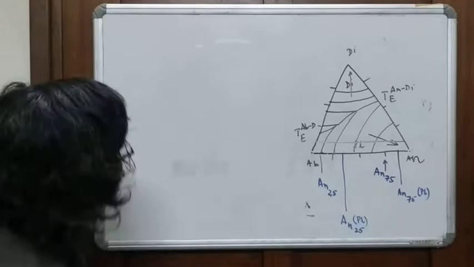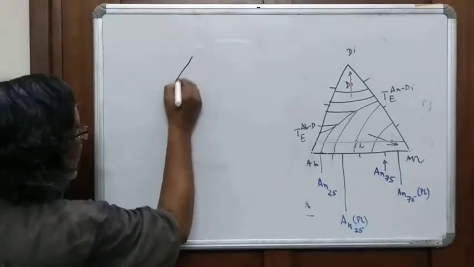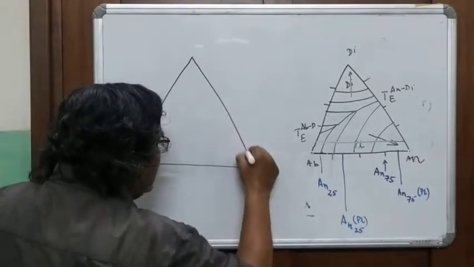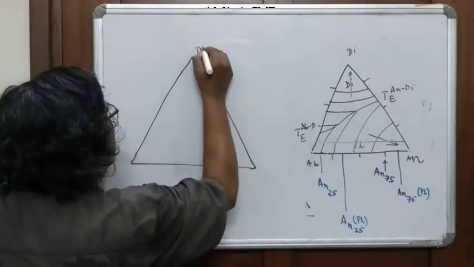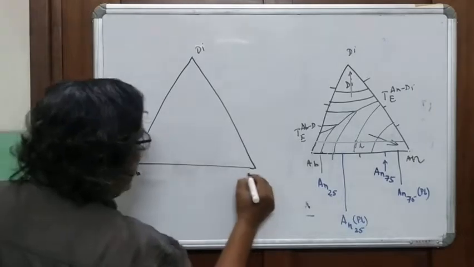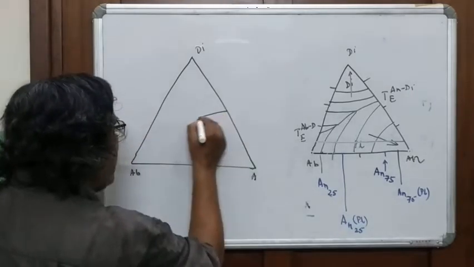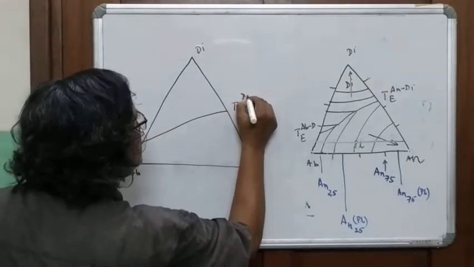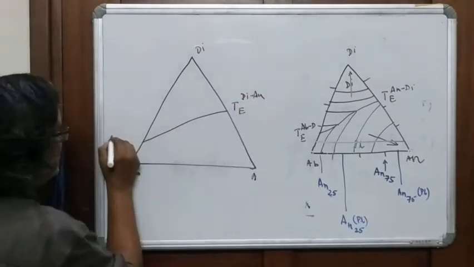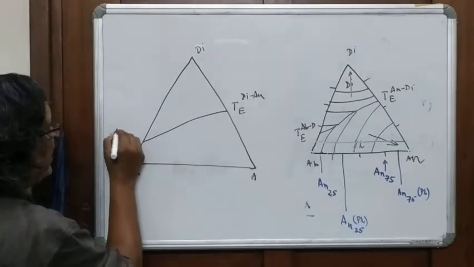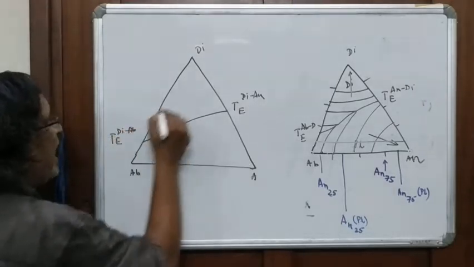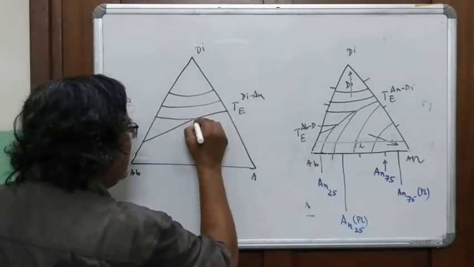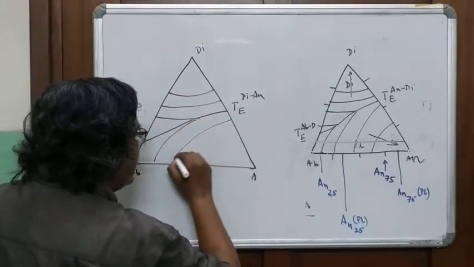So in the final diagram, you will have diopside, albite, anorthite. This is the boundary curve. Temperature of the eutectic, diopside, anorthite. Temperature of the eutectic, diopside, albite. And you will have the isotherms plotted like this. It will be shown in the diagram.